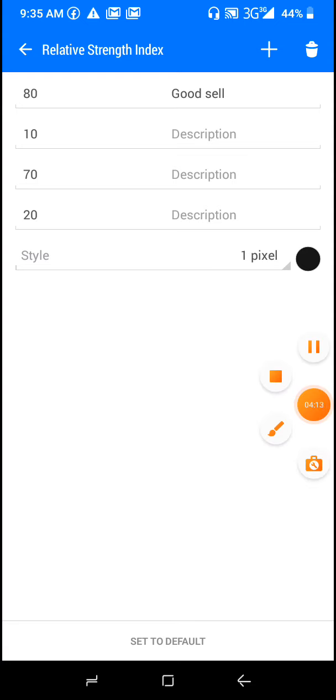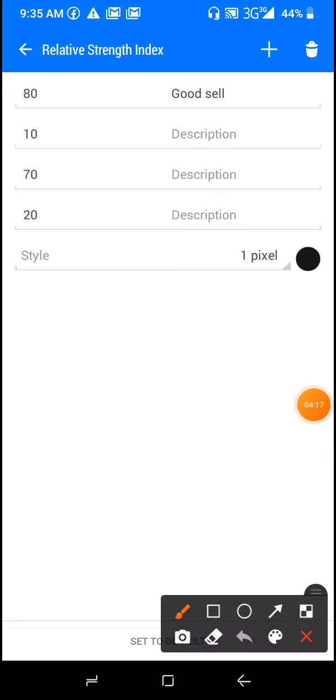If you want to add a level to this indicator, you just go ahead and click this area here. Once you click that area, the levels will show up. If you click and it doesn't show up, try to delete a level. Then when you delete a level, you will be able to add other levels.